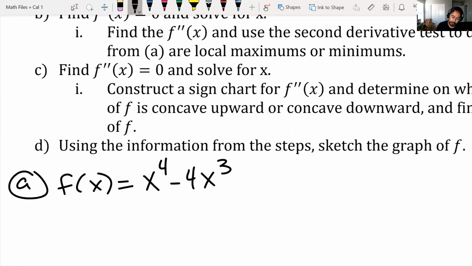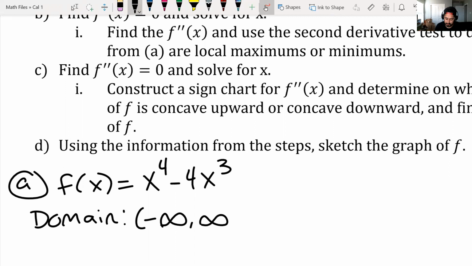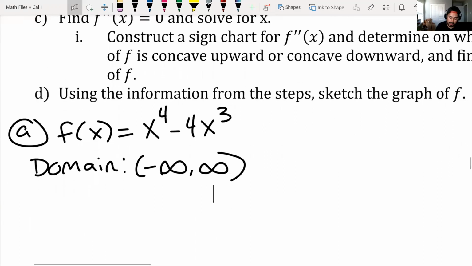Good. So this is a polynomial function, which means our life is good because guess what the domain of all polynomial functions is? Negative infinity to infinity. But now it says to get x and y intercepts. So we go back to 1414, maybe even 0320. Welcome back to 0320, guys.